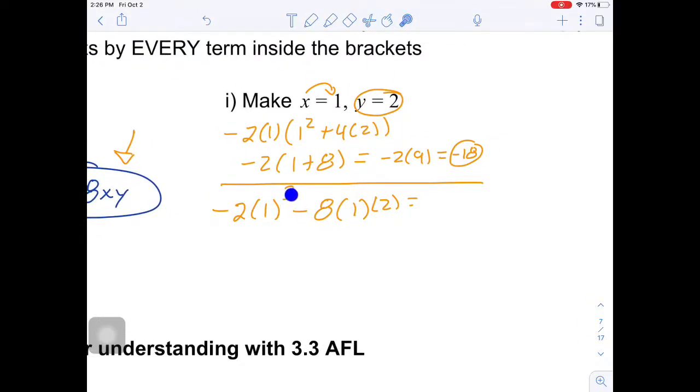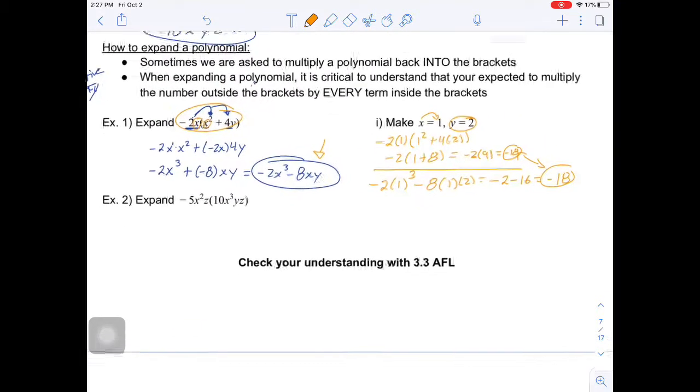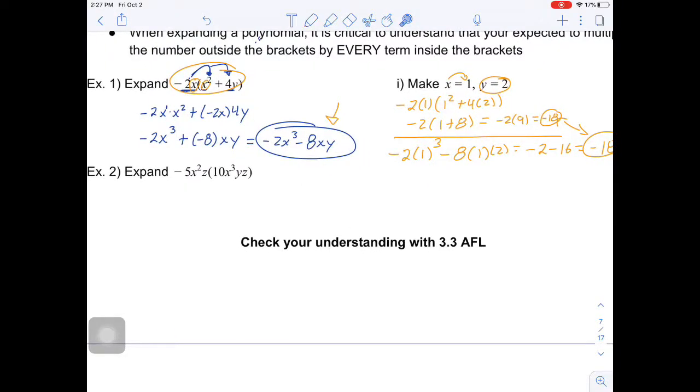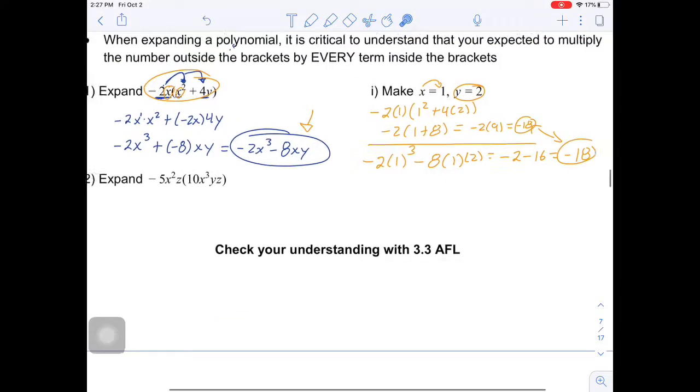So 1 cubed is 1 times negative 2 is negative 2, so that doesn't change. 8 times 1 times 2, well, that's 16, so this would be minus 16. That gives me negative 18. So it looks like everything worked out. Now, you should be able to see that we could use either expression here. So we both got negative 18, so that's why we can say that this equals this.